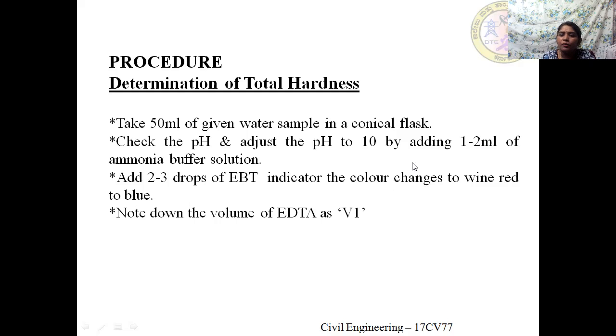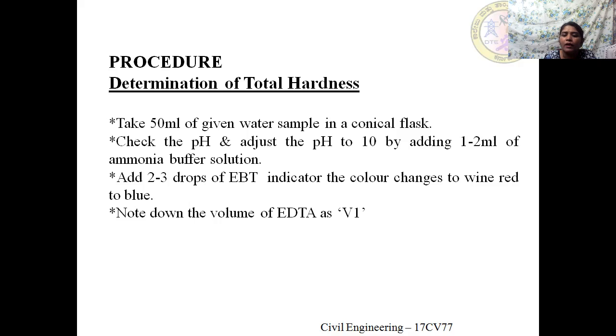Once the initial burette reading is noted, we start titrating the sample. Once the wine red color changes to blue, the end point is blue, we stop the titration and note down the final burette reading. The final burette reading minus the initial burette reading gives us the volume of titrant added.